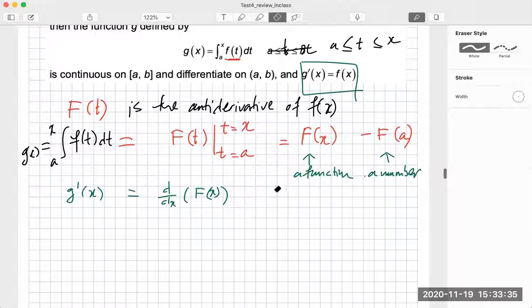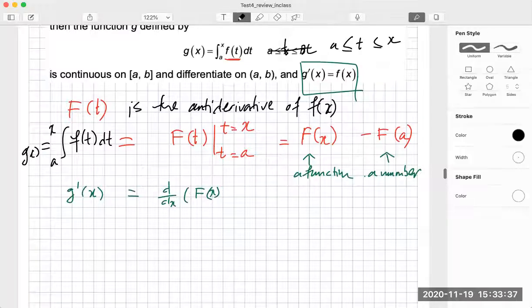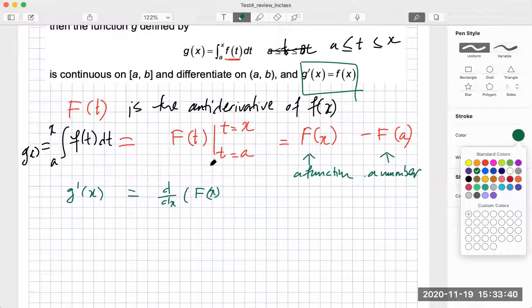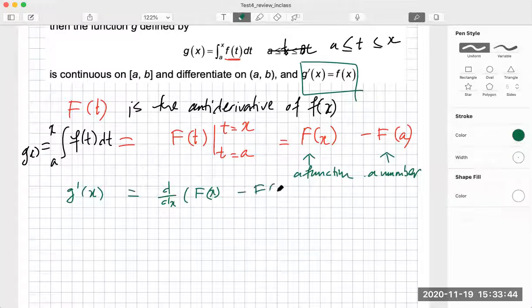If we do so, then we see that it is the derivative of F of x minus F of a, right? So this is the derivative of a difference. So what do we have here, Gary?